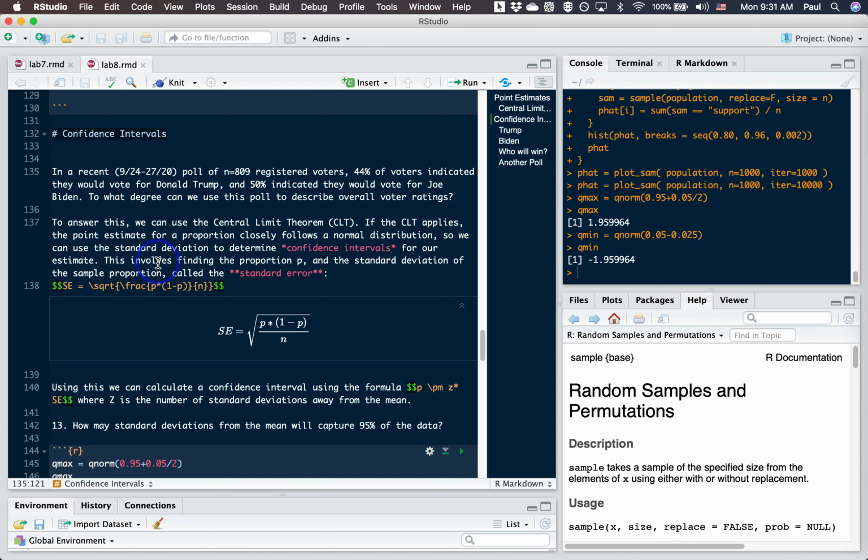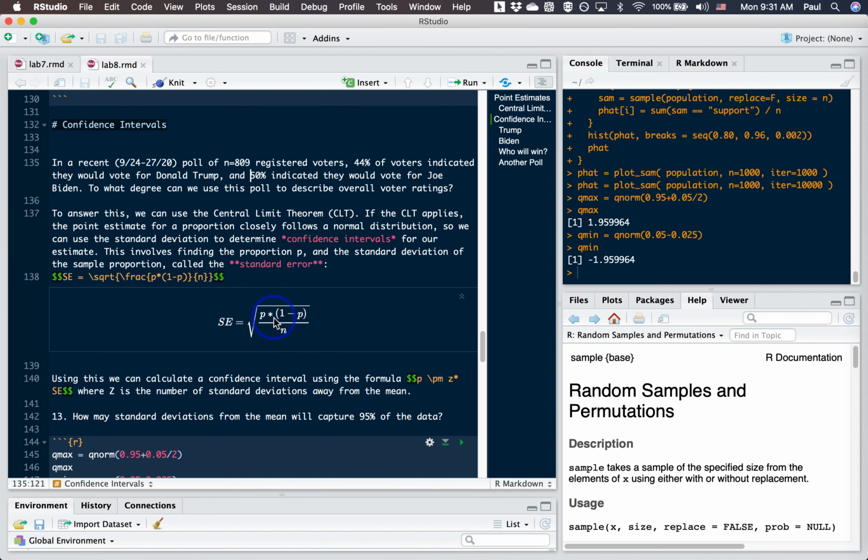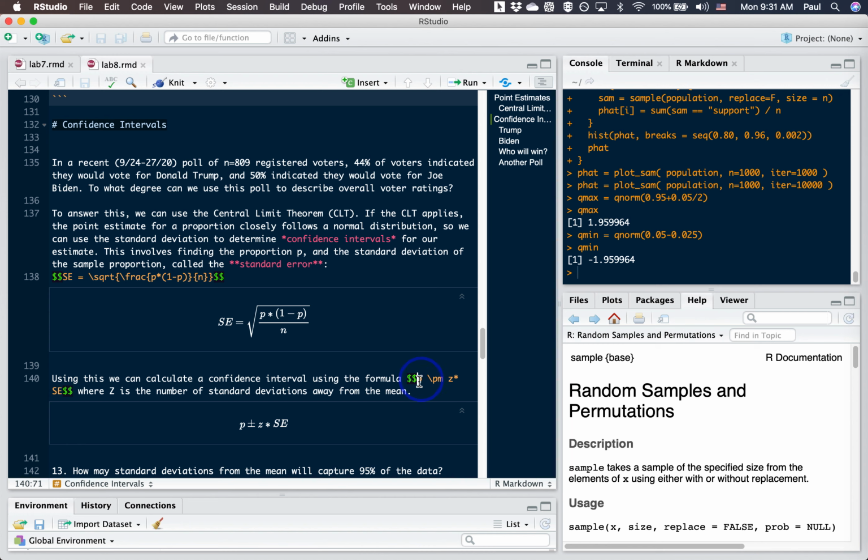The hardest thing we'll have to calculate is the standard deviation of the sample proportion, which is called the standard error, using this formula. And if we can do this, we can calculate the confidence interval: p, the proportion, plus or minus some z-score times the standard error. Remember, standard error is one standard deviation.